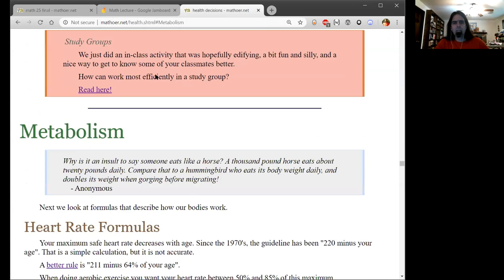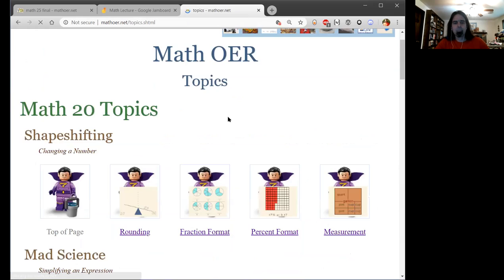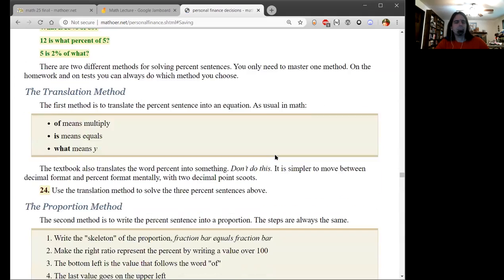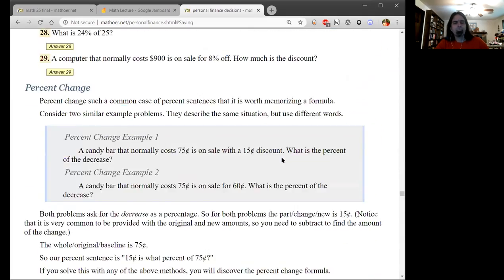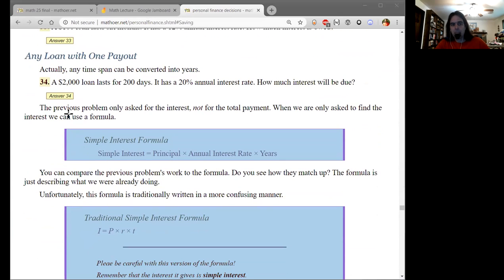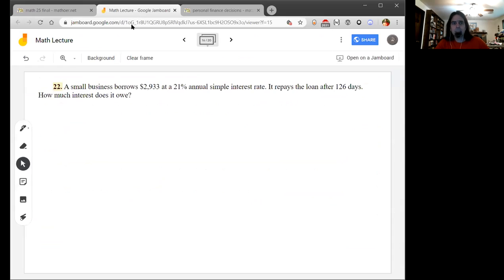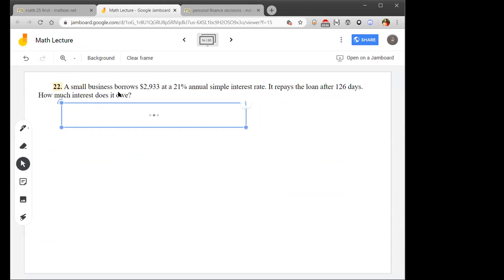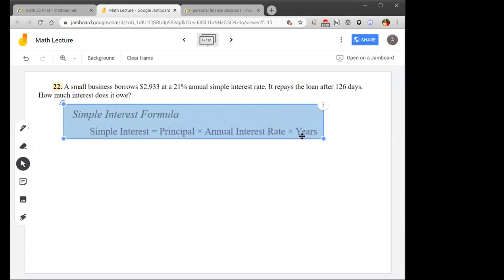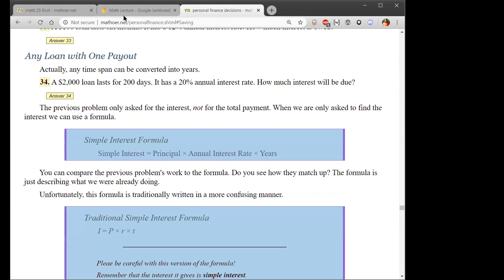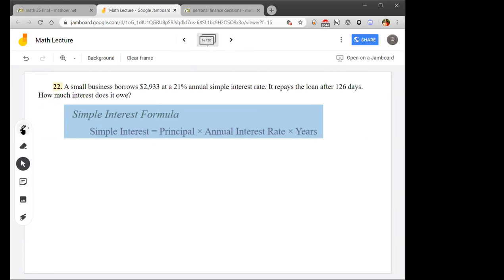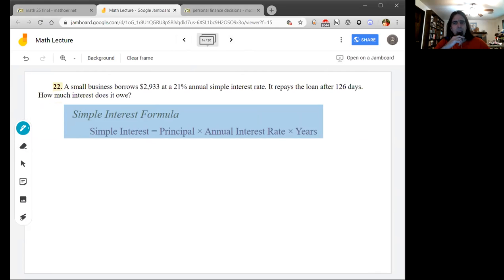Okay, so now we're in the simple interest. So in this problem, everything goes kind of nice and straight.